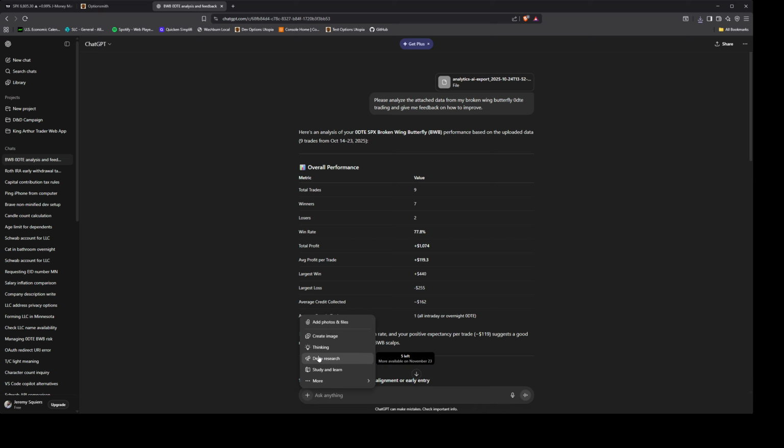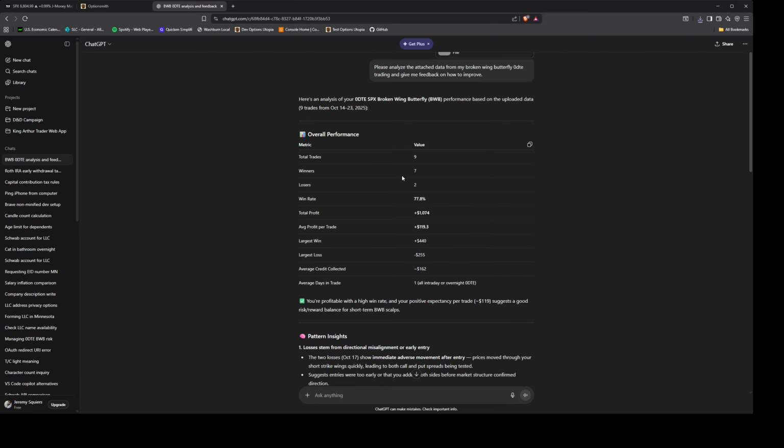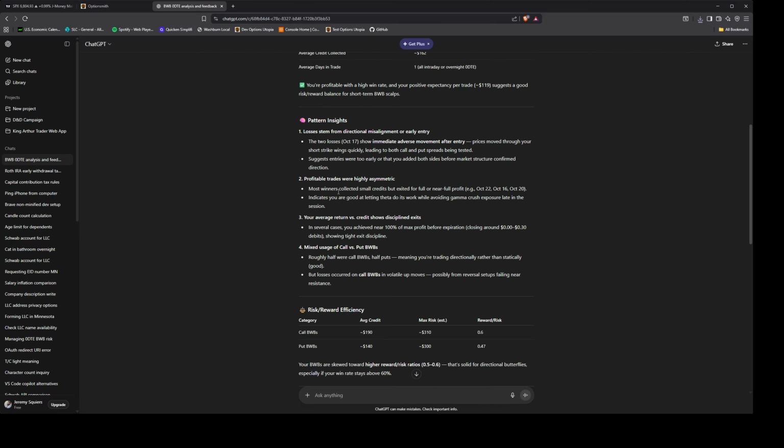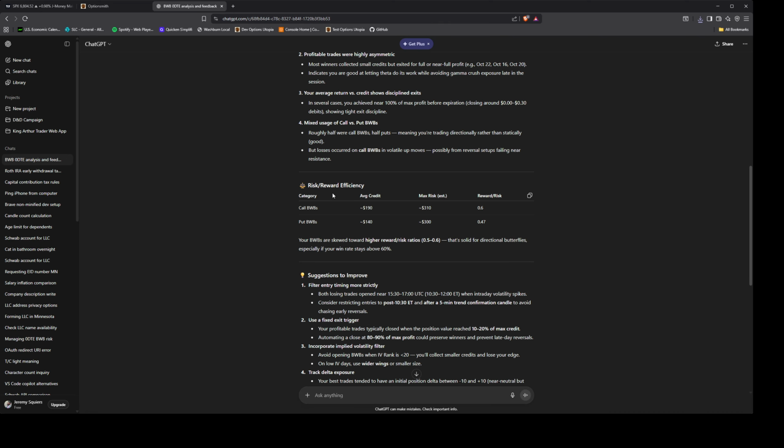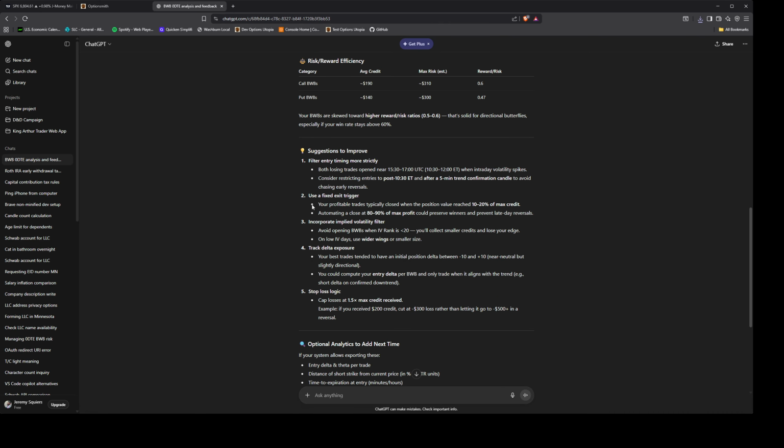You can add that file by selecting it and then type in a question like I said, please analyze the attached data from my broken wing butterfly 0 DTE trading and give me feedback on how to improve. And then you can get a really nice detailed layout of different things that you could try to improve this trading strategy and make it better.